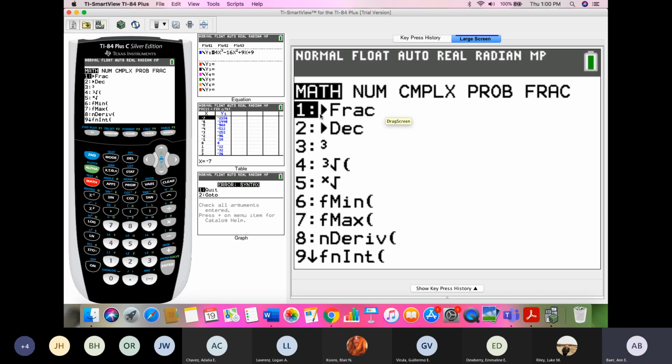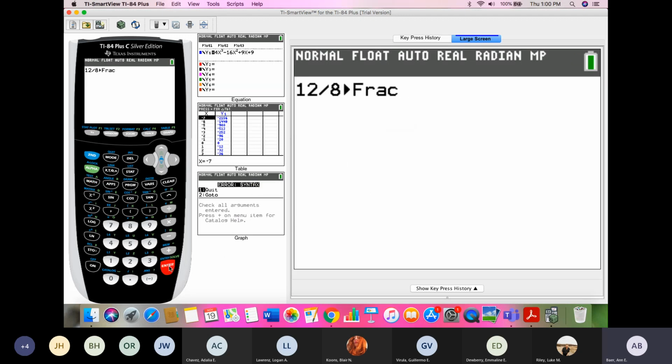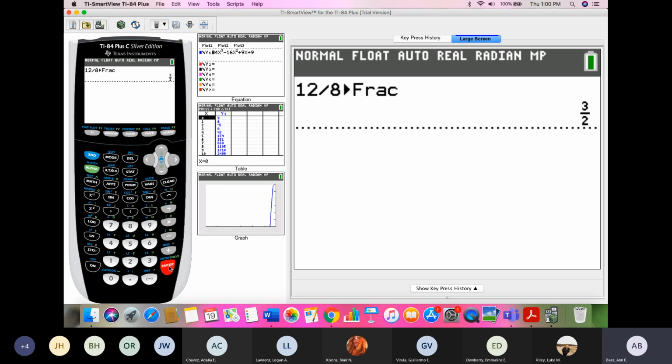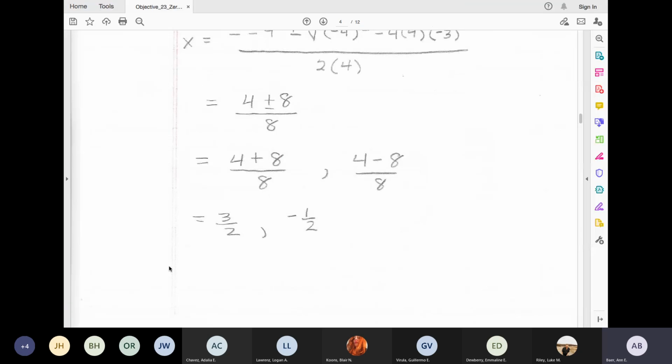And then after this, I think the easiest way to do this is enter, enter. Enter takes that command to the home screen. The next enter does what we want it to, converts to a fraction. So 12/8 is really 3/2. So if we go back up to our document, we get 3/2.